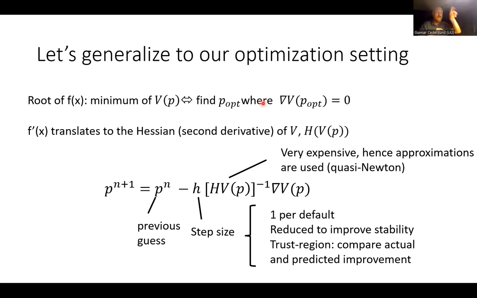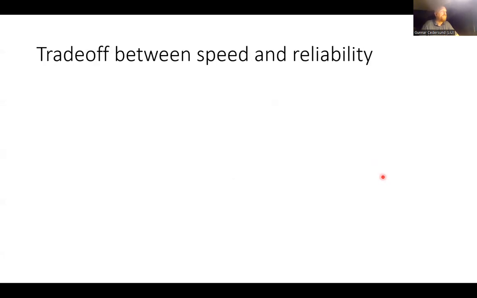So d2V, dp1, dp1 is the first element, and then dp1, dp2, dp1, dp3, and so on. So for each of these elements in this matrix, you need to do a new simulation, a new calculation of the cost function. This is very expensive, takes a lot of computer time. So therefore, you typically want to use approximations for this. And this is where we'll get into quasi-Newton algorithms.